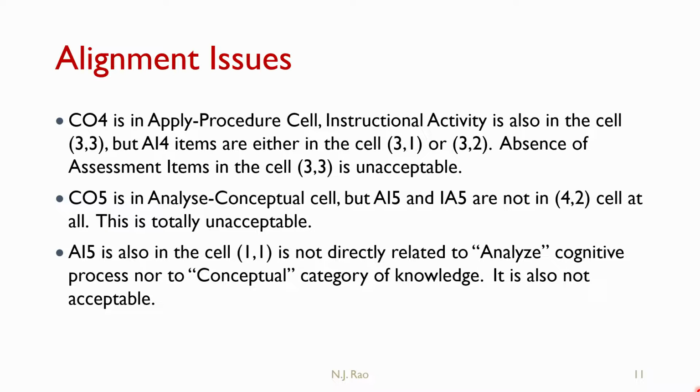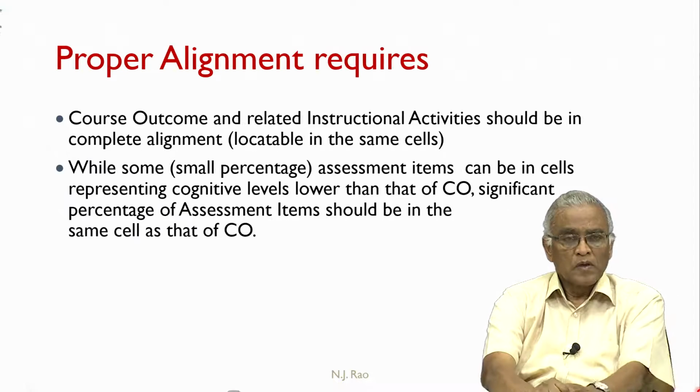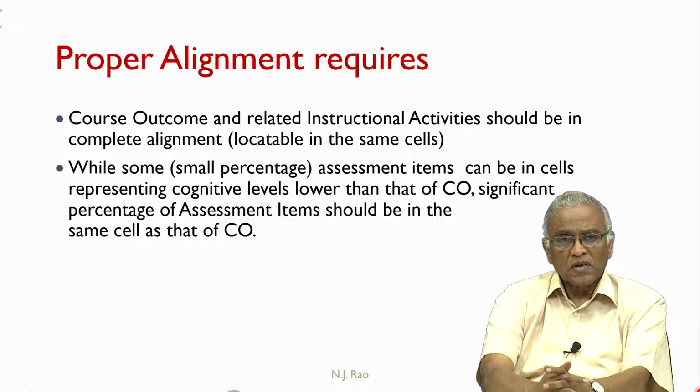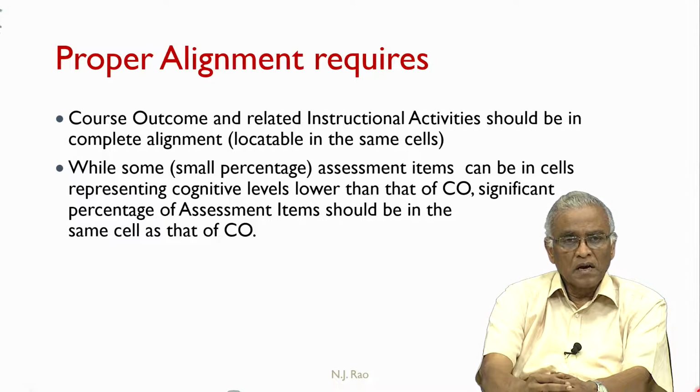Now this is what we have explained about all the cells, the way in the sample that was presented. First thing is, course outcome and related instructional activities should be in complete alignment, should be locatable in the same cell, that is the first thing.